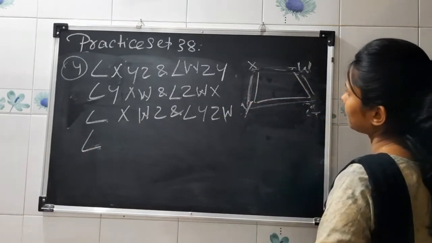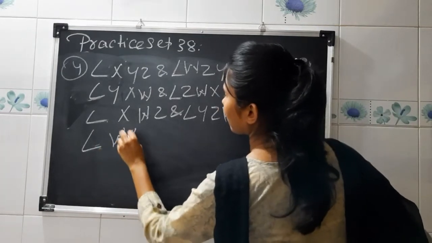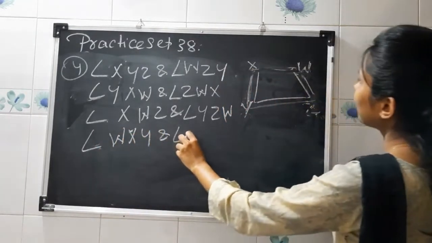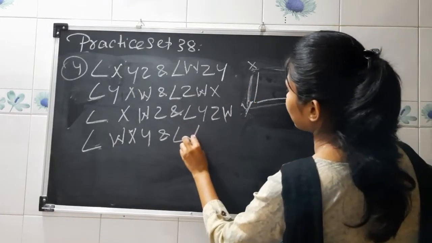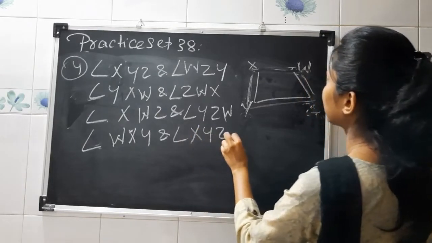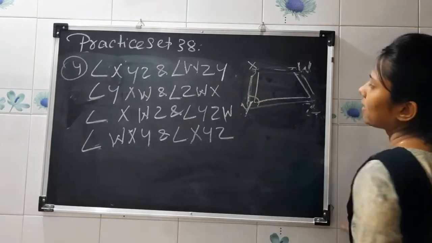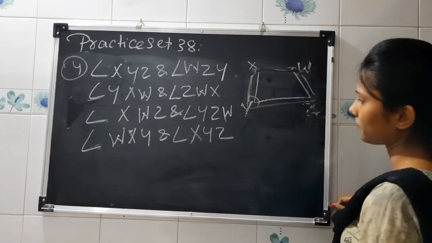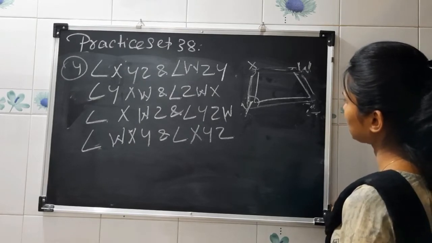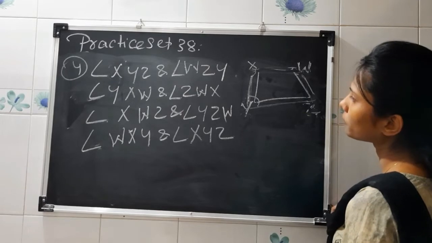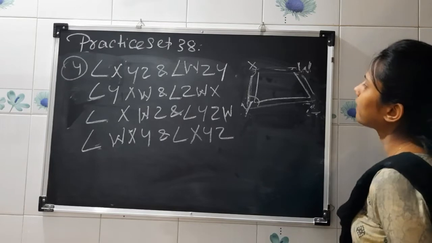Then angle WXY and angle XYZ. Angle X and angle Y are again adjacent angles. So these are the pairs of adjacent angles.